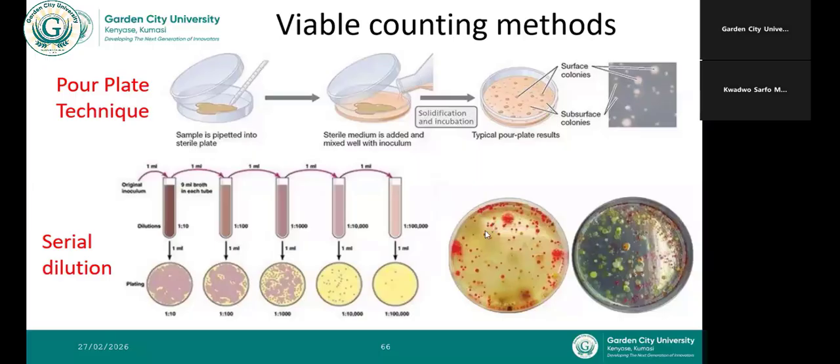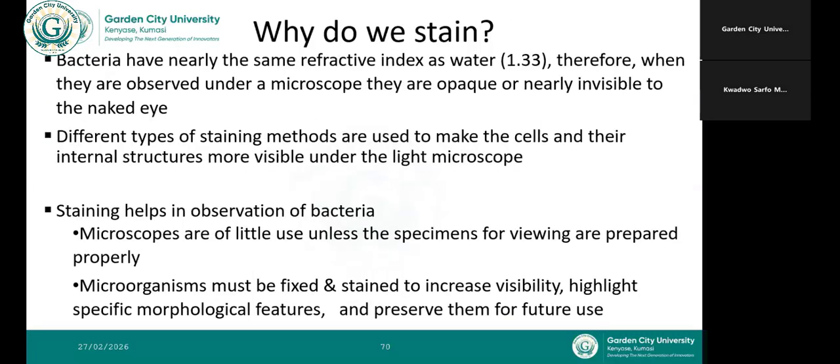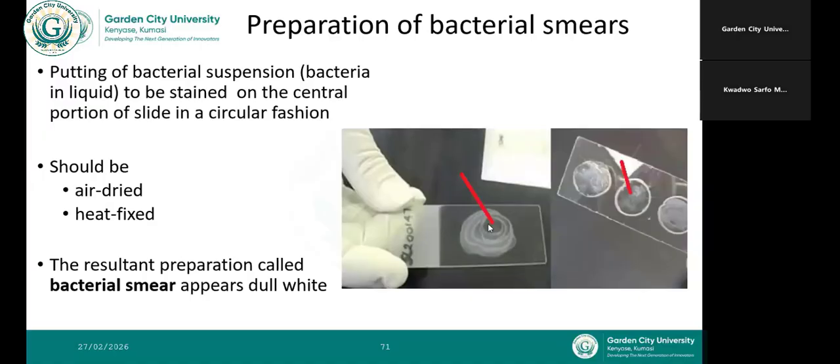But if it is on a solid medium, like the agar, you pick a colony and then you emulsify in normal saline or water. Then you apply it in a circular motion on the slide, which is cleaned and then air dried.